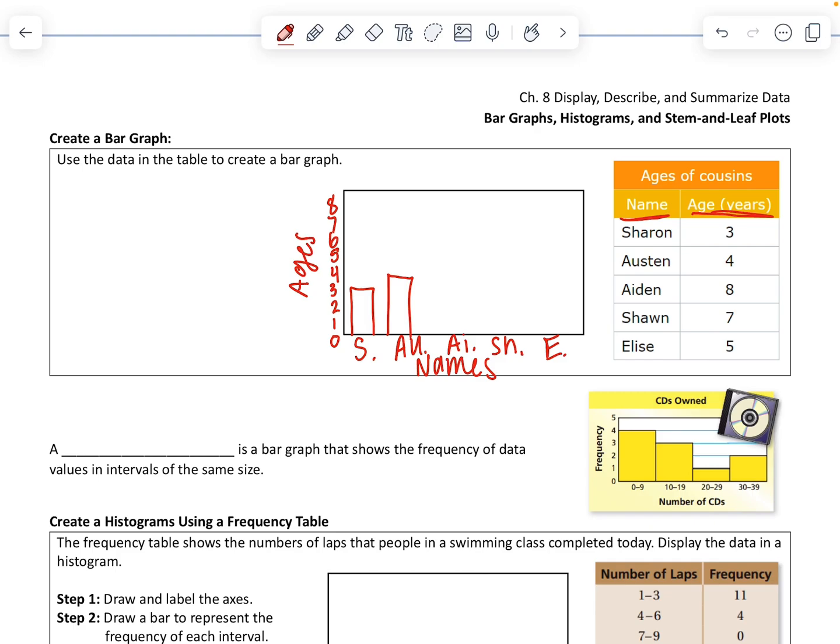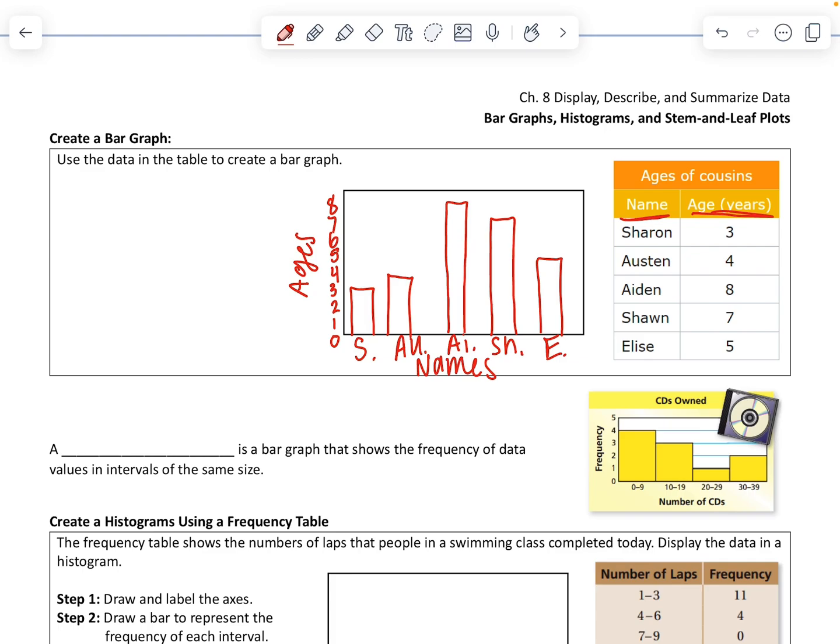Aiden is 8 years old, so that's going to go up. Sean is 7, it's going to go there. And then Elise is 5. So it should look something like that, and that is our bar graph.